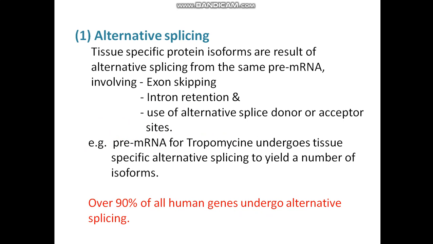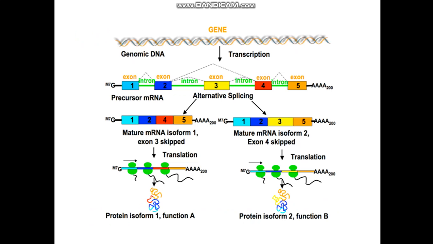Alternative splicing takes place. Pre-messenger RNA for tropomyosin undergoes tissue-specific alternative splicing to yield a number of isoforms. Over 90% of human genes undergo alternative splicing. Here is the gene, and alternative splicing produces protein isoform 1 and protein isoform 2, and both have different functions.